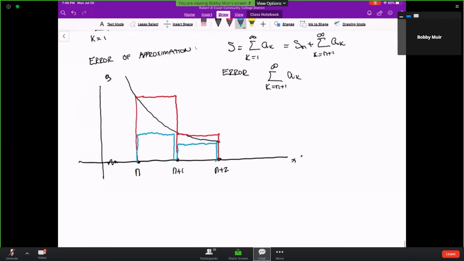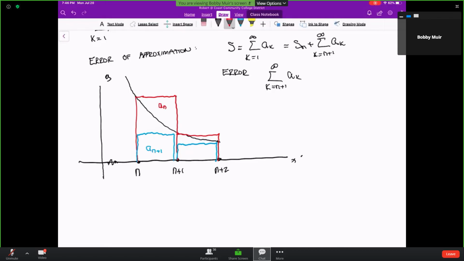What we can say here is the area of the blue guy is a sub n plus 1. The area of the red guy is a sub n.